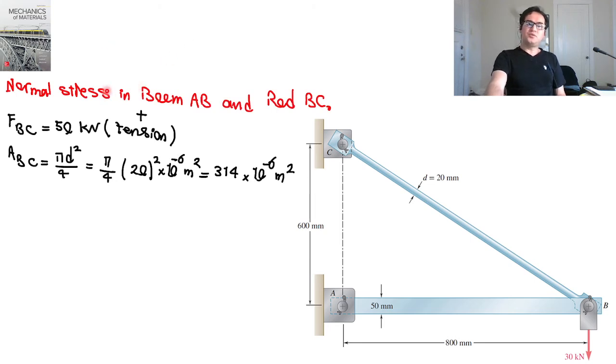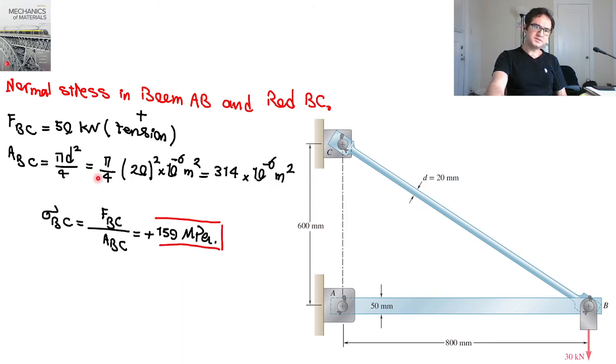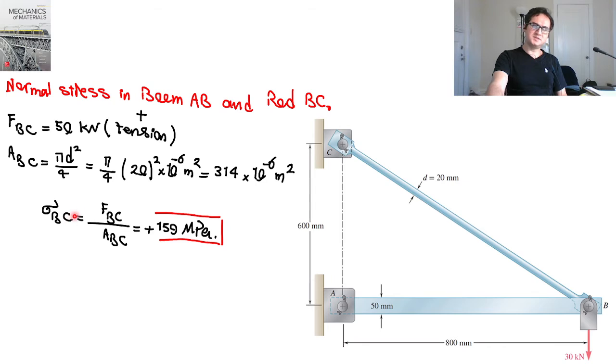To calculate normal stresses in boom AB and also the rod, so for the links, first go for them. FBC is 50 kN in tension, positive, and the area of BC is pi d squared over 4. If you replace the numeric values, it gives you the cross-sectional area of the rod in square meters, and sigma BC is nothing but force over the cross-sectional area, which is positive 159 megapascal.